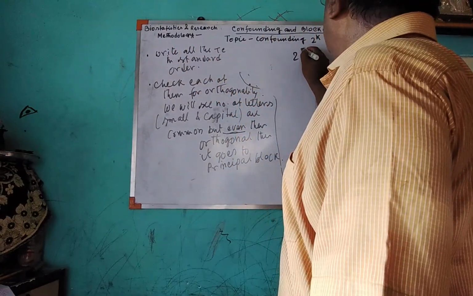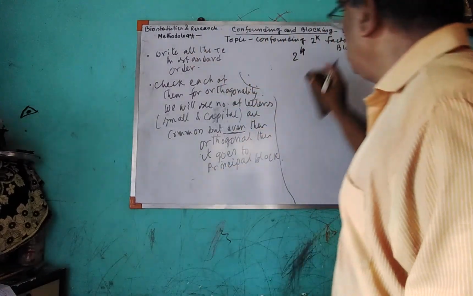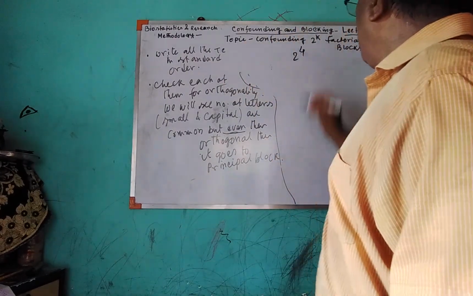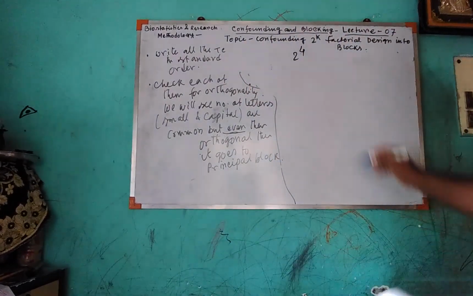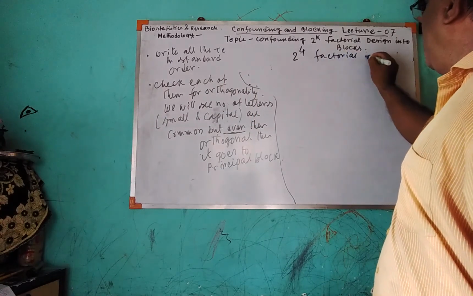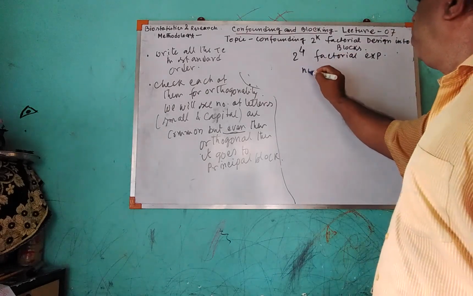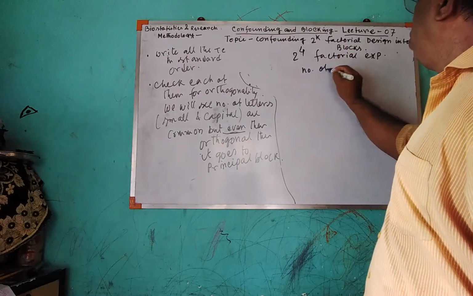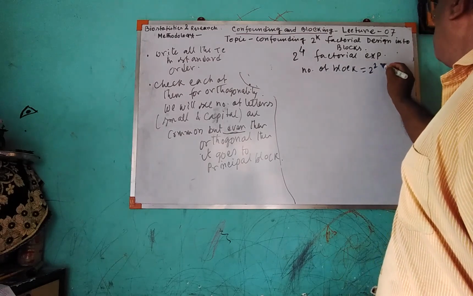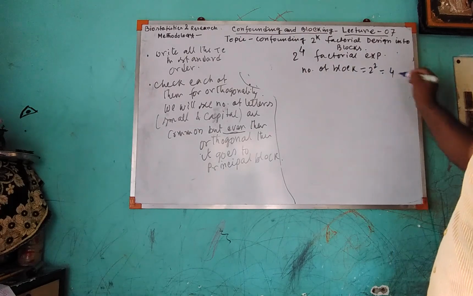This is a factorial experiment. The number of blocks I am assigning is 2 to the power 2. Suppose the p value is 2 here, that comes to 4 blocks.